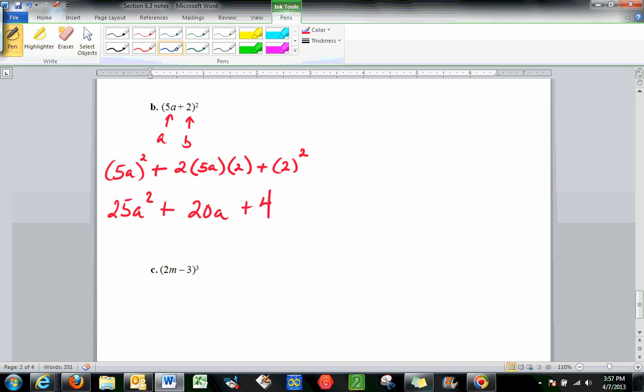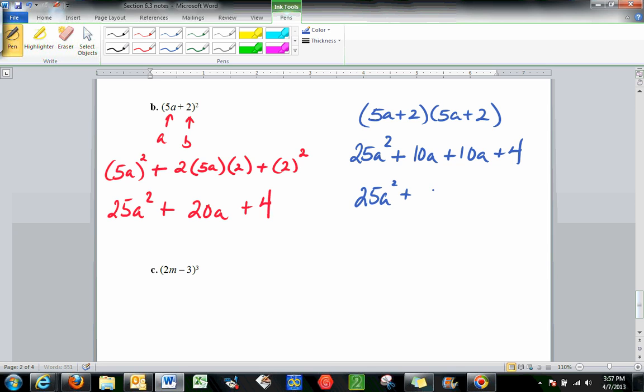Now we also have the choice of doing this through the distributive property, and the way we would do that is to first break up our squared term into 2 individual components, (5a plus 2) times (5a plus 2), and the distributive property, or FOIL in this case, will give us the following terms, and then we would need to take the following terms and combine like terms, and you can see that we get the same result either way.